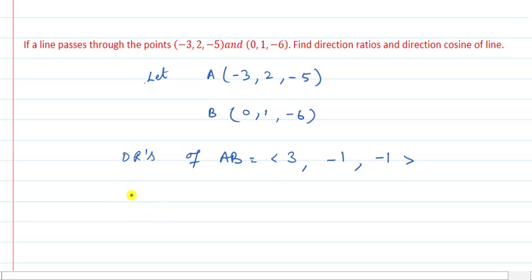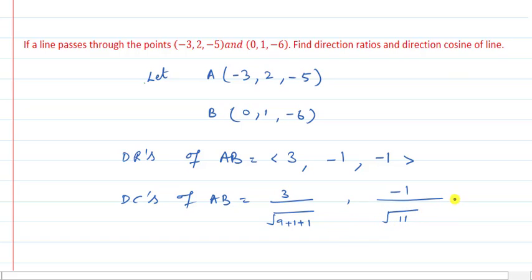Now let us find out the direction cosines. Direction cosines are simply found by dividing each number by the magnitude of these three. Like, direction cosines of AB are 3 upon square root of 9 plus 1 plus 1, then -1 upon the same, that is we are getting 11, and again -1 upon root 11.